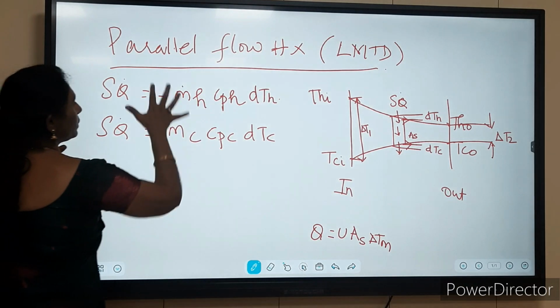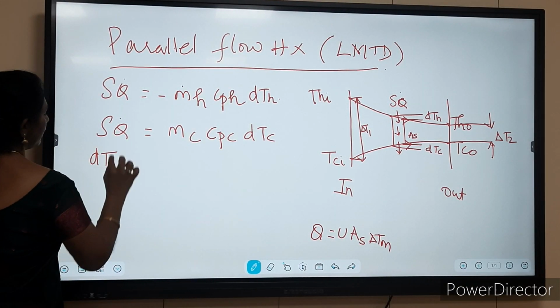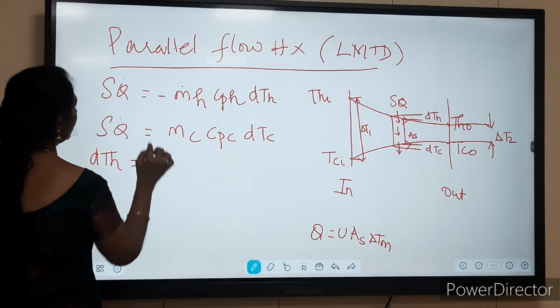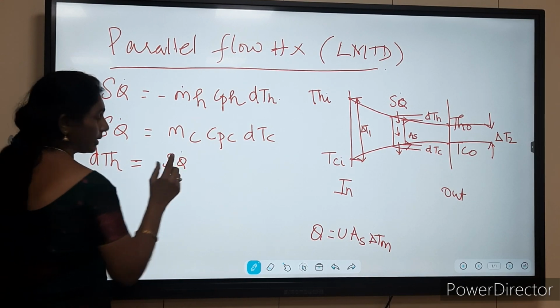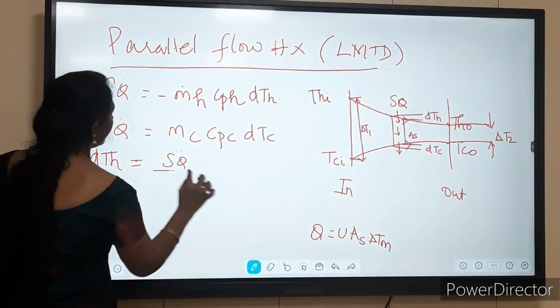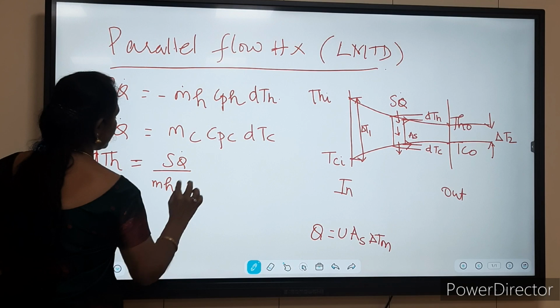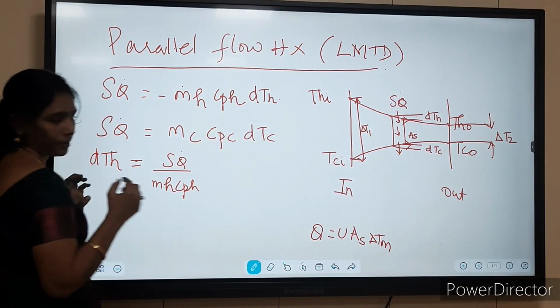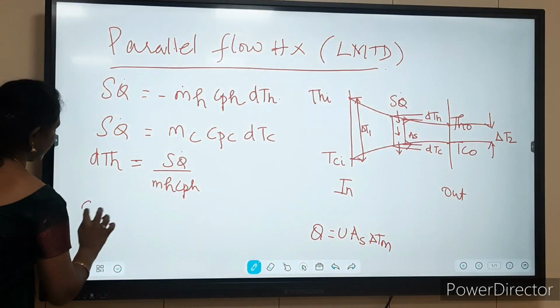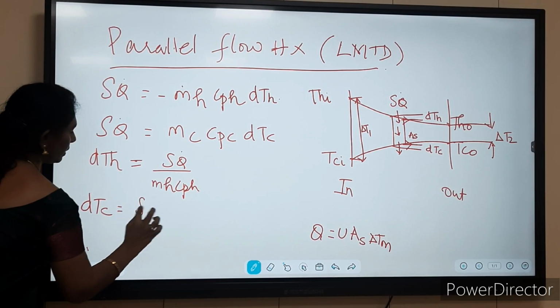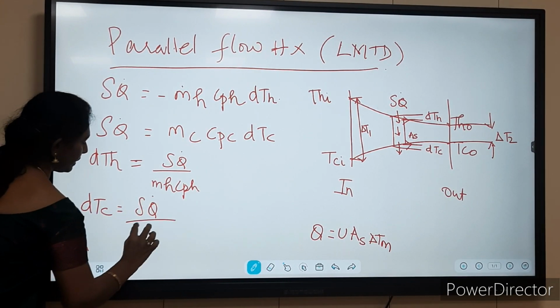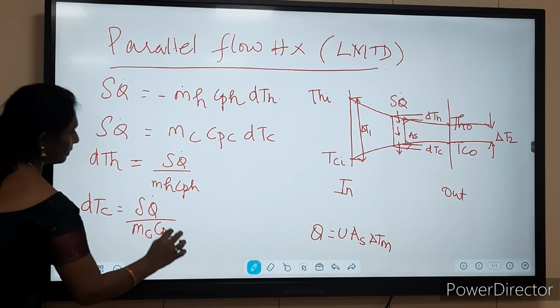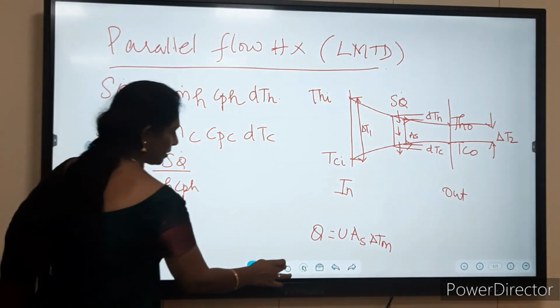Now, I am going to rearrange both the equations. That is dTH I am going to keep here, and it is going to be del Q, that is heat transfer for the small section, divided by mH CPH. Likewise, dTC is going to be del Q dot divided by mC CPC. Right?